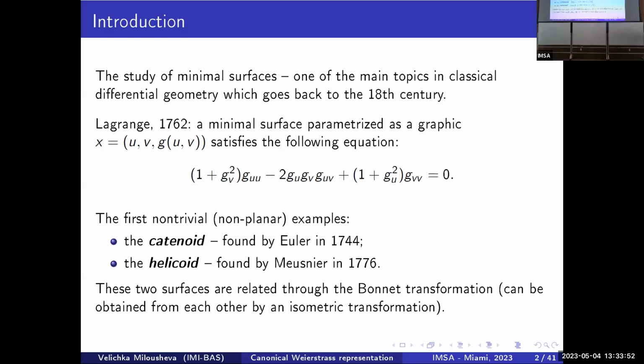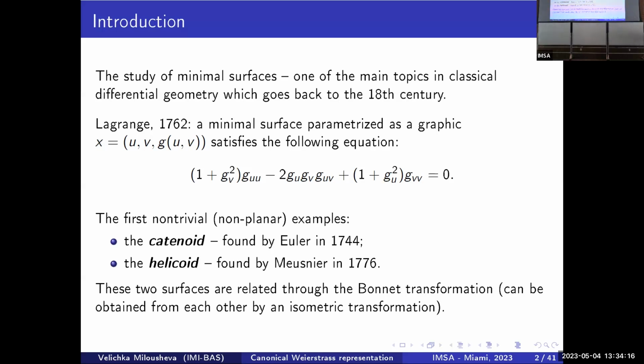And actually, the first non-trivial examples were the catenoid found by Euler in 1744 and the helicoid found by Meusnier in 1776. Everybody knows that the catenoid is the only minimal surface of revolution and the helicoid is the only minimal surface built up of straight lines.